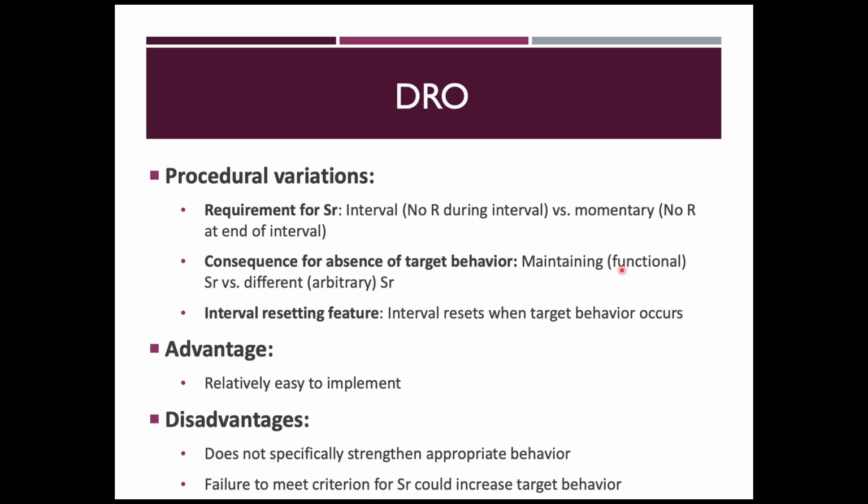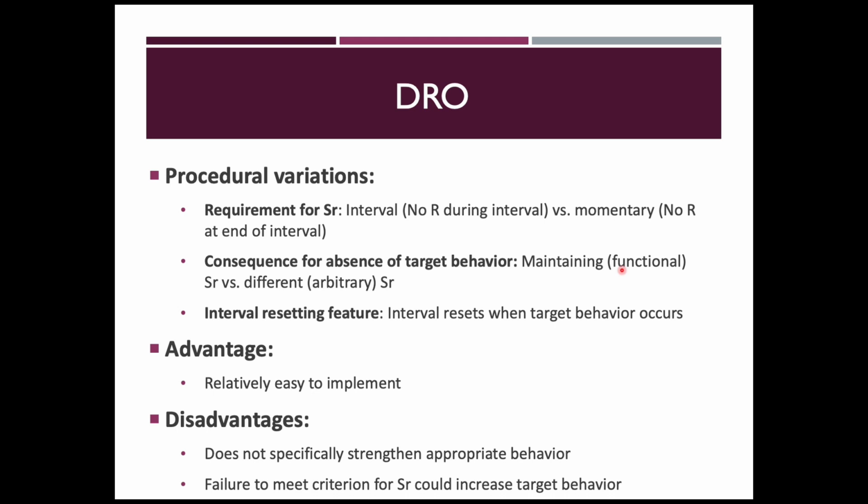However, we could also deliver an arbitrary reinforcer. Now, we haven't talked about identifying reinforcers yet, but we would do so via a stimulus preference assessment. And if we found a reinforcer that was potent enough to compete with the reinforcer that maintains a problem behavior, we could use that in our DRO interval.